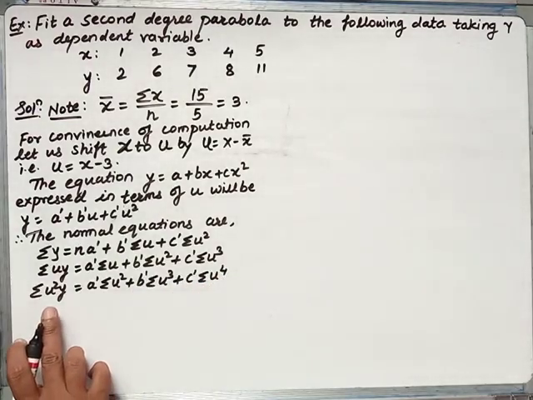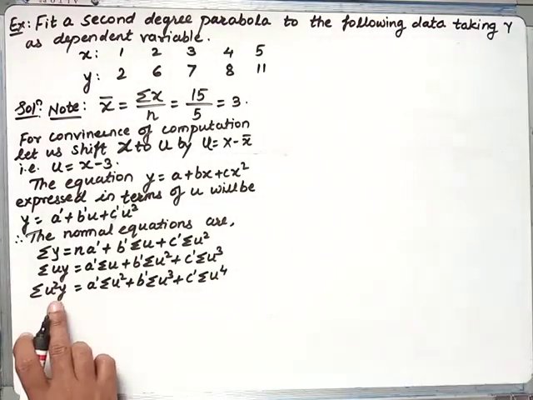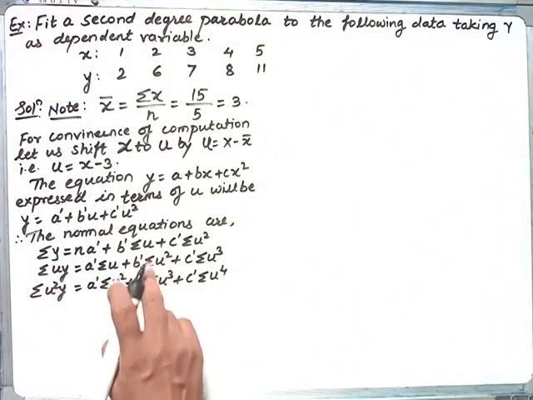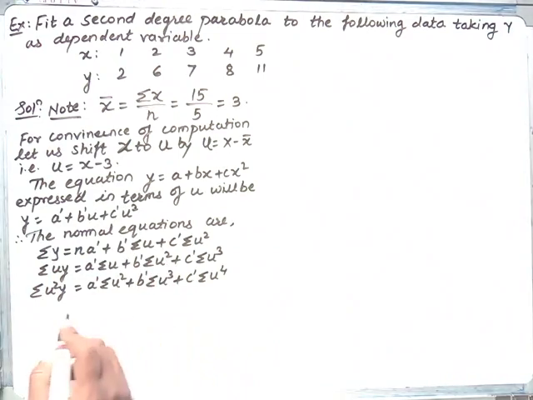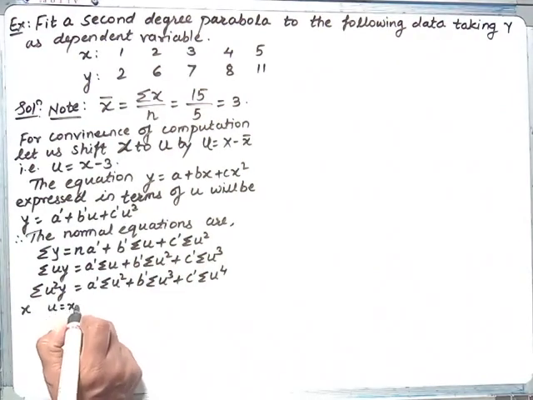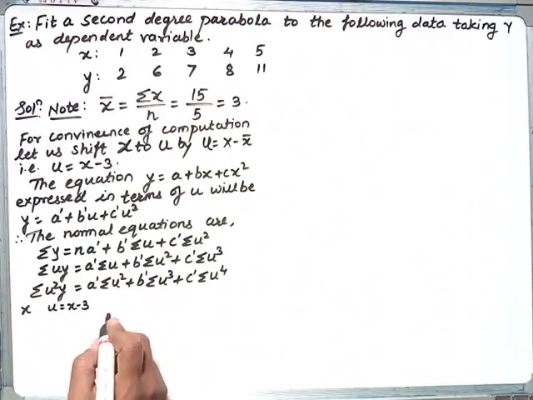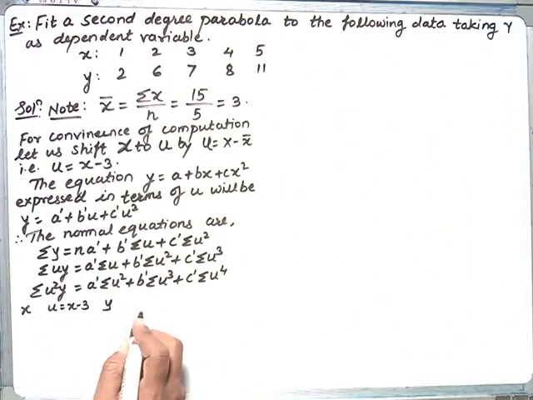So we need to obtain all these sums. For that, let us prepare a table. The table has first of all x, then u. U is what? X minus 3, right? So finding u, okay? Then y.